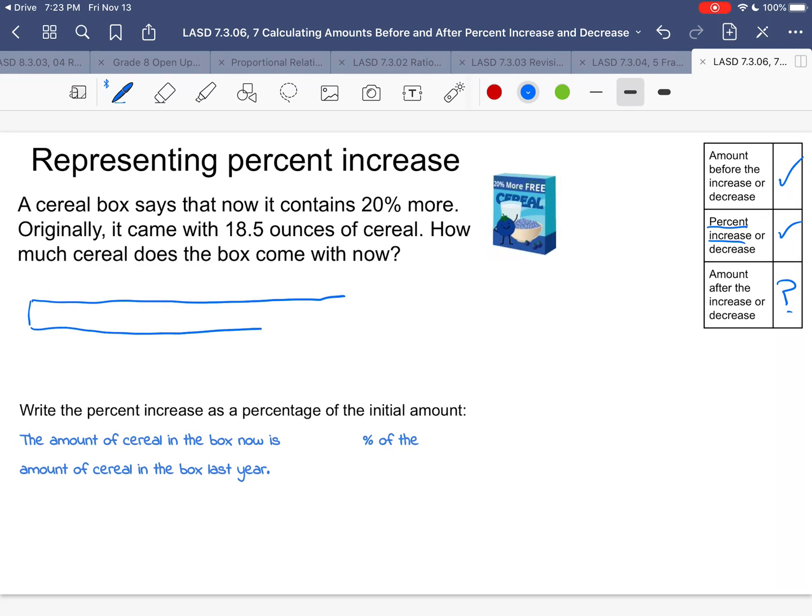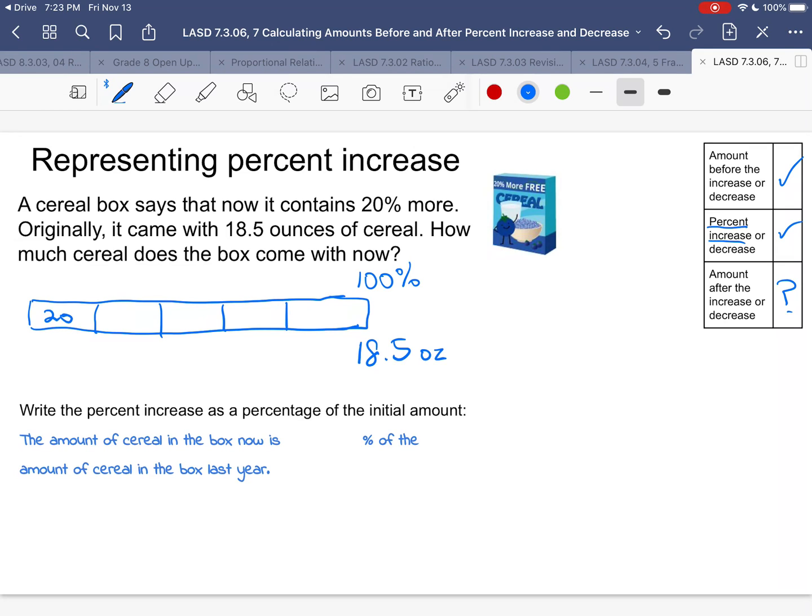This is the original amount in the cereal box, 100%, and that represents 18.5 ounces. And it now contains 20% more, so I'm going to mark this 100% off into 20% first. There are 5 20s in 100, so I go 1, 2, 3, 4, 5.